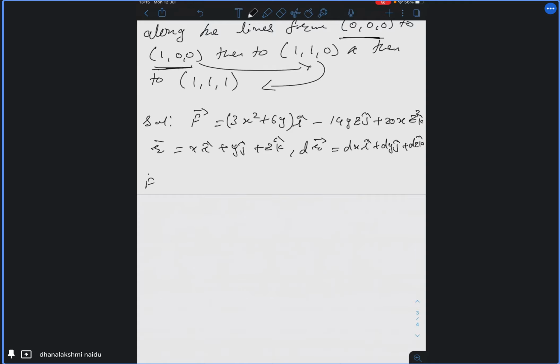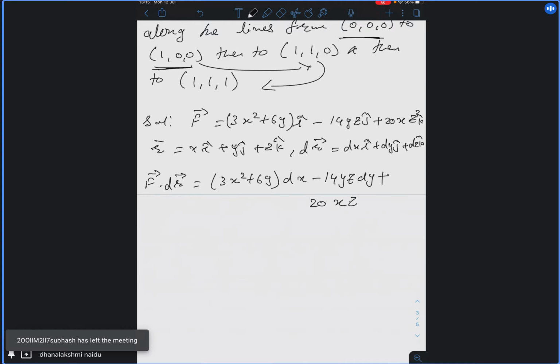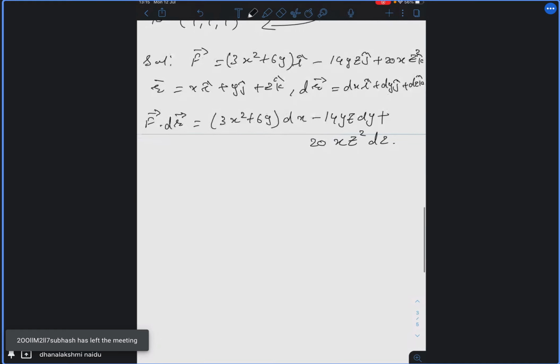Now you need to calculate F bar dot dr bar, which on calculation you will get (3x square plus 6y) dx minus 14yz dy plus 20x z square dz. This is your F bar dot dr bar.